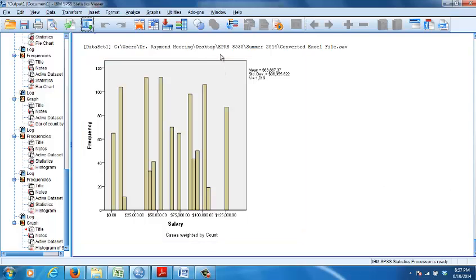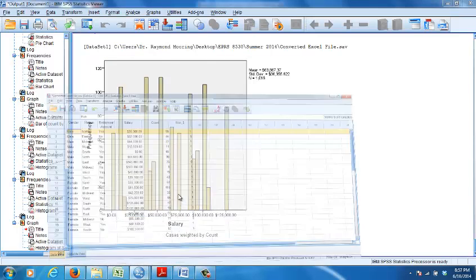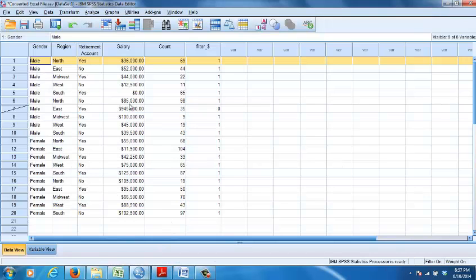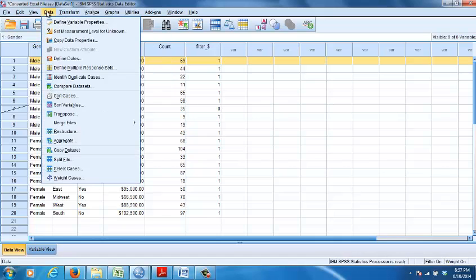Finally, if I looked at multiple data points, if I had 2 different variables, let's say, in this case I have count and I have salary. If I wanted to find out how they look together, I can plot them on what's called a scatter plot and see if there's any kind of linear relationship between them. But in order to do a scatter plot with count, I would have to take off count as my weight.